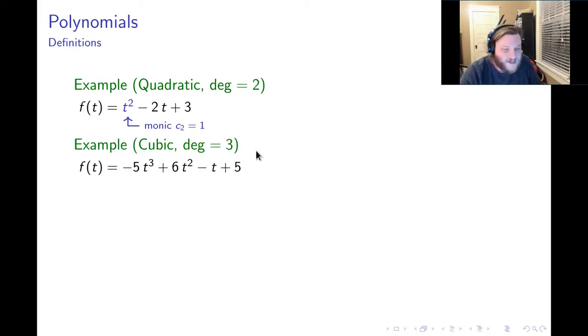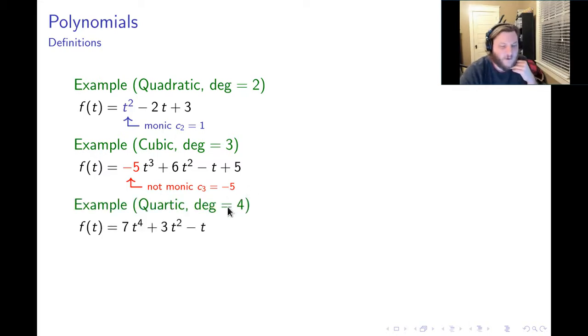Here's another example. A polynomial of degree 3 is typically referred to as a cubic. The expression for this polynomial is negative 5t cubed plus 6t squared minus t plus 5. And this polynomial is not monic because the leading coefficient here is negative 5, which is not equal to 1.